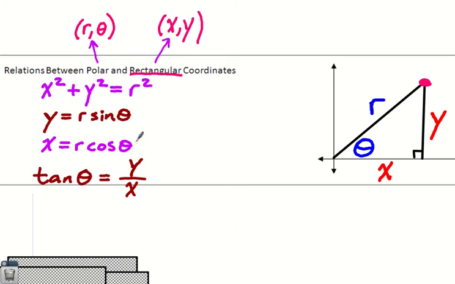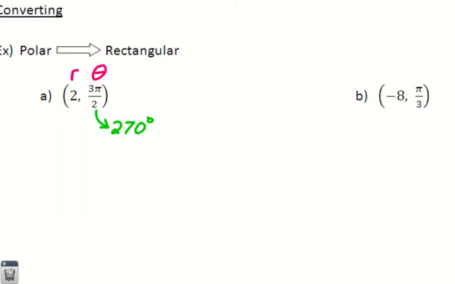Well, these two basically. If you know r and theta, you'll be able to figure out what y equals, and you'll also be able to figure out what x equals. So here we go. We can say that x equals r cosine of theta.